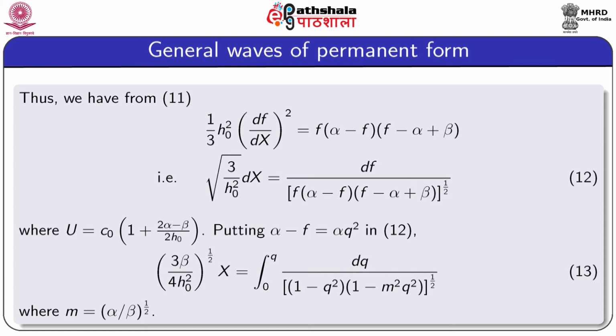Thus, from equation 11 we obtain 1/3 h0 square f dash square equals f into alpha minus f into alpha minus f minus alpha plus beta. Taking square root on both sides, we obtain equation 12, where capital U is the velocity of the wave, given by the relation which you can see in the slide.